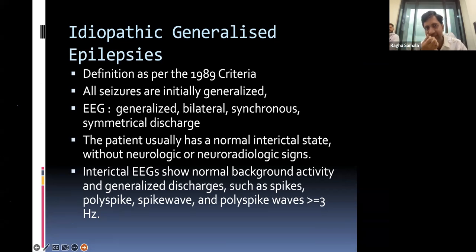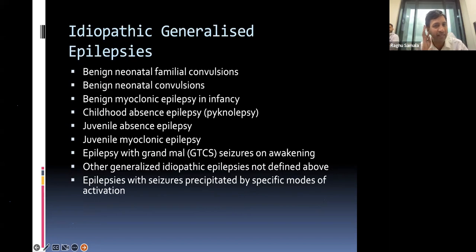Initially the idiopathic generalized epilepsies were characterized based on the age of onset. These include benign neonatal familial convulsions, benign neonatal convulsions, benign myoclonic epilepsy in infancy, childhood absence epilepsy, juvenile absence epilepsy, juvenile myoclonic epilepsy, epilepsy with grand mal seizures on awakening, other generalized epilepsies not defined above, and epilepsies with seizures precipitated by specific modes of activation.